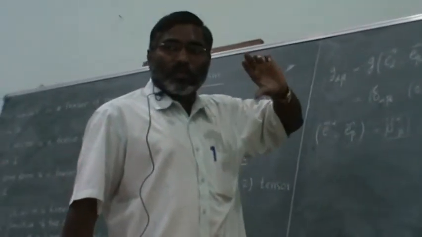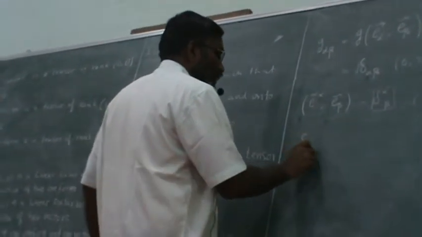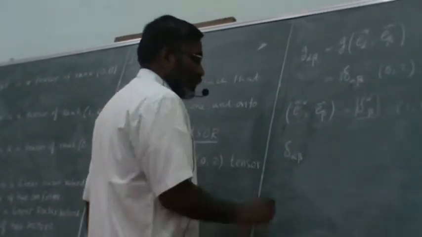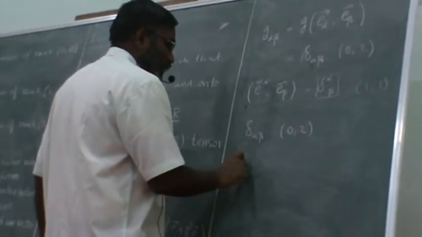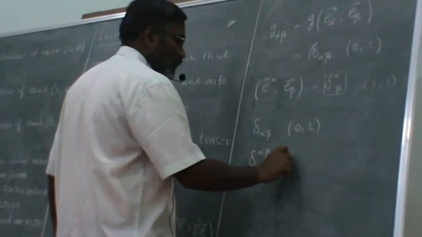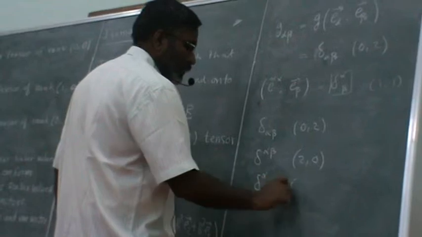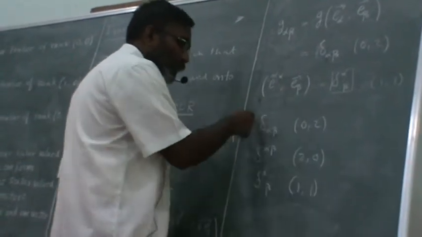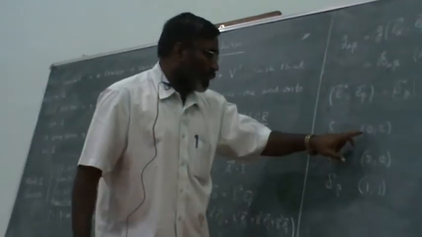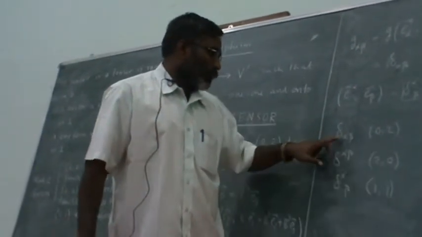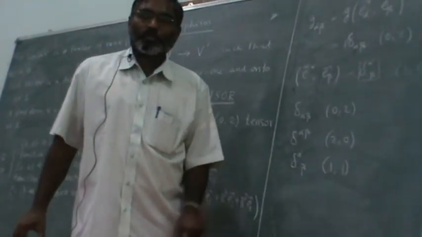But within that Kronecker delta, I can also define delta alpha beta as 0-2 type, delta alpha beta as 2-0 type, and delta alpha beta as 1-1. So Kronecker delta itself is a second rank tensor. So we write 0-2 type in this way, 2-0 type in this way, 1-1 type in this way.